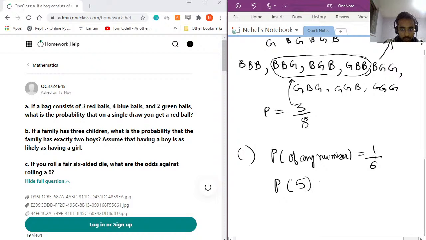Since 5 is just one number, the probability of rolling a 5 is equal to 1 over 6. To calculate the odds against, we need to calculate the other end of this probability as well. What that probability would be is the probability of not rolling a 5.